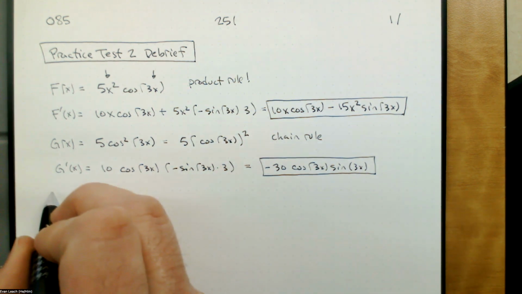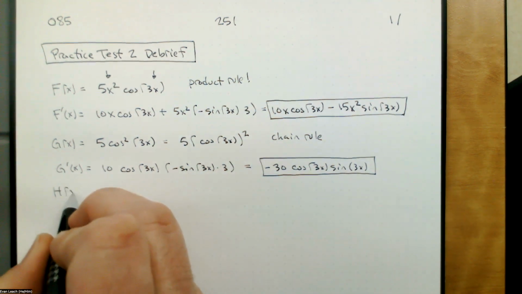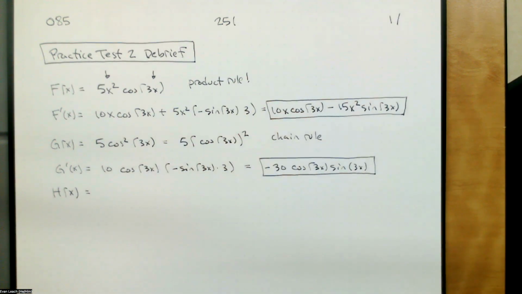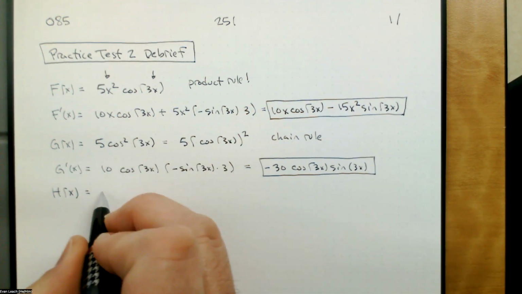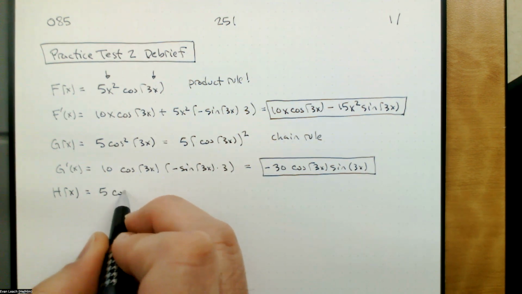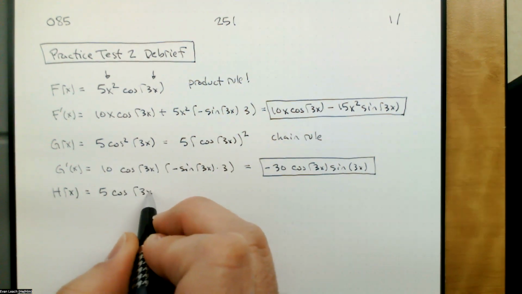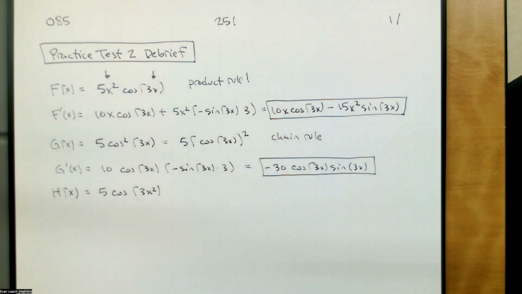In h of x, we've got another chain rule problem. I just moved the square inside, so I've got 5 cosine of 3x squared. I had the square moving from a factor to squaring the cosine to being the argument in the cosine.